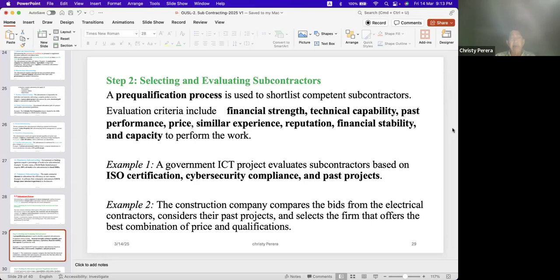I have given other parts you can understand. I will tell you the example. I have given two examples in these areas. One, a government ICT project evaluates subcontractors based on ISO certification, cyber security compliance, and past projects. In one IT project, we had to select a subcontractor based on whether ISO certification was there.